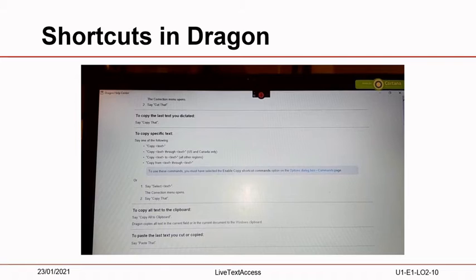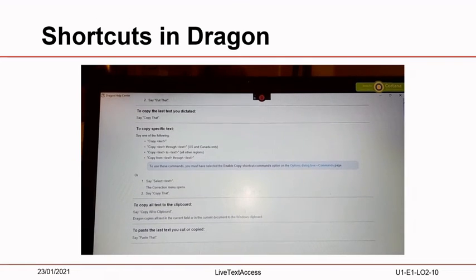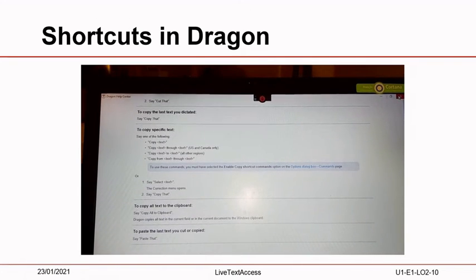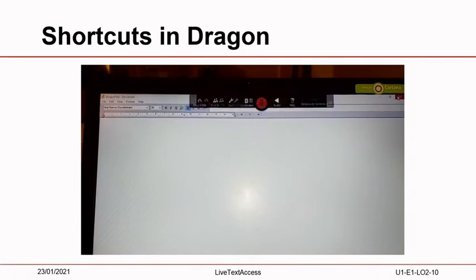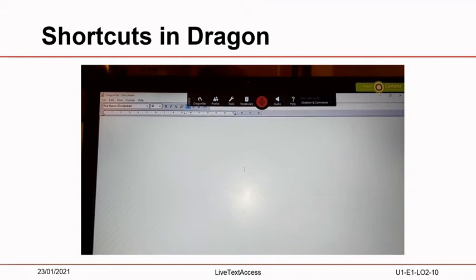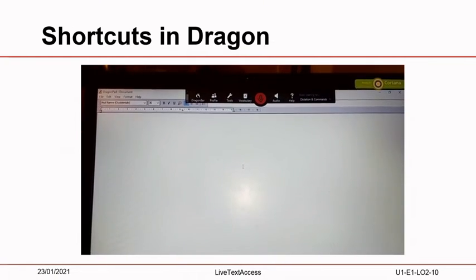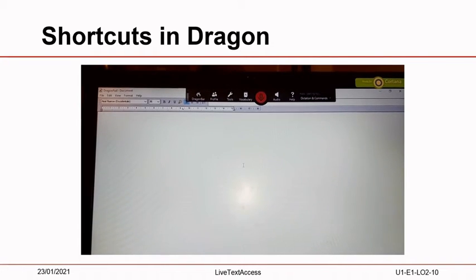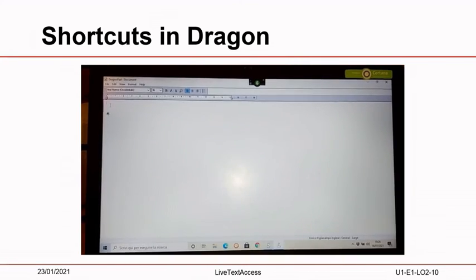Now I will show you how these vocal shortcuts work. I close the Dragon Help Center and I will turn on the microphone to dictate a short text. Then I will copy, paste it and delete it.